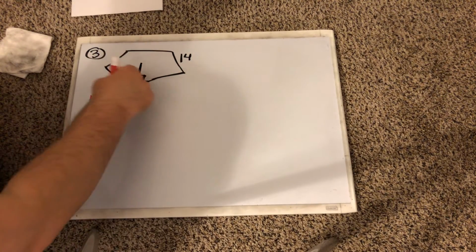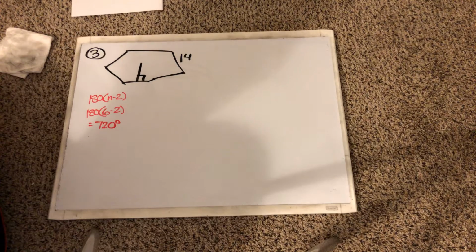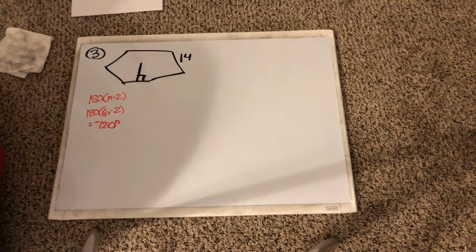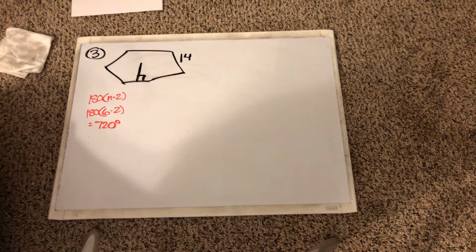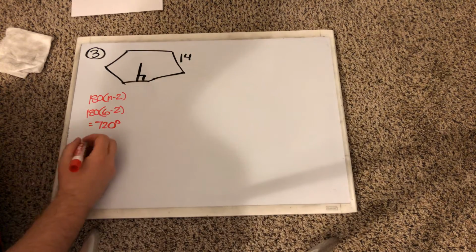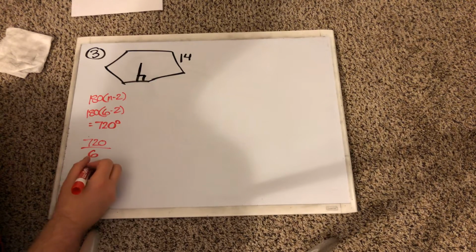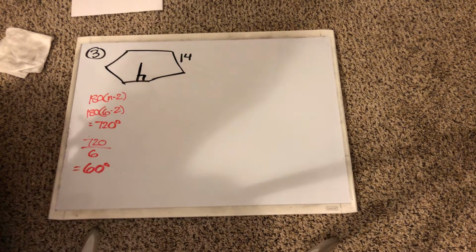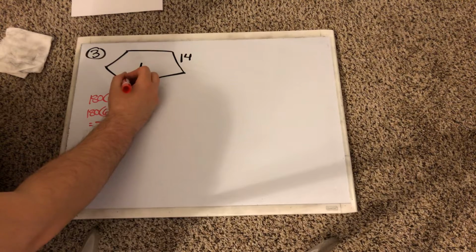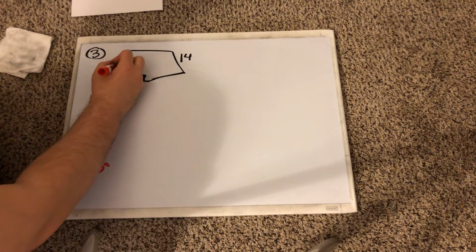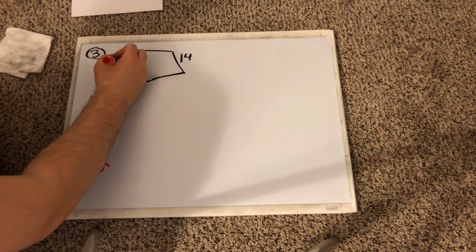So all the interior angles have to equal 720 degrees. Well, since this is a regular hexagon, let's do 720 divided by 6. And that comes out to be 60 degrees. So each one of these is 60 degrees.